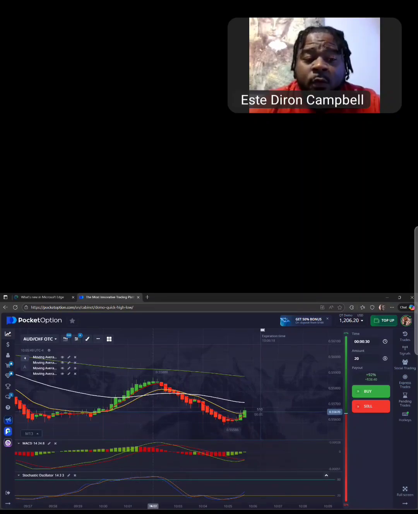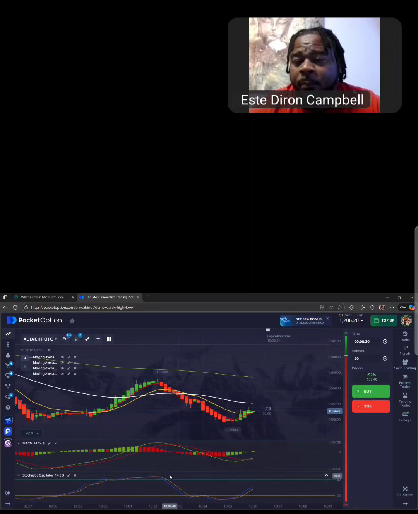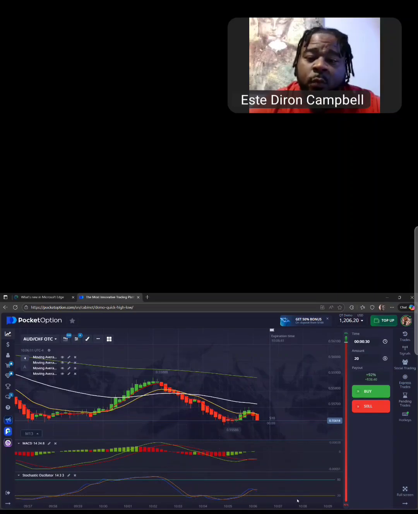Now the second rule is on the oscillator. You notice when it's over the 80%, you understand that it's overbought. And on the 20%, that means it's oversold.